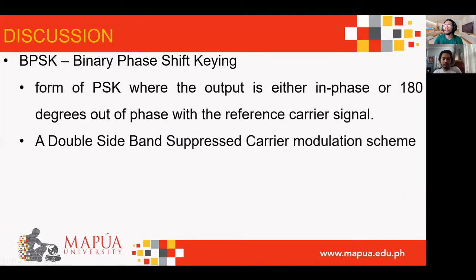BPSK is basically a double-sideband suppressed carrier modulation scheme for a message being digital information. This is also called two-phase PSK, or phase reversal keying. In this technique, the sine wave carrier takes two phase reversals, such as 0 degrees and 180 degrees.